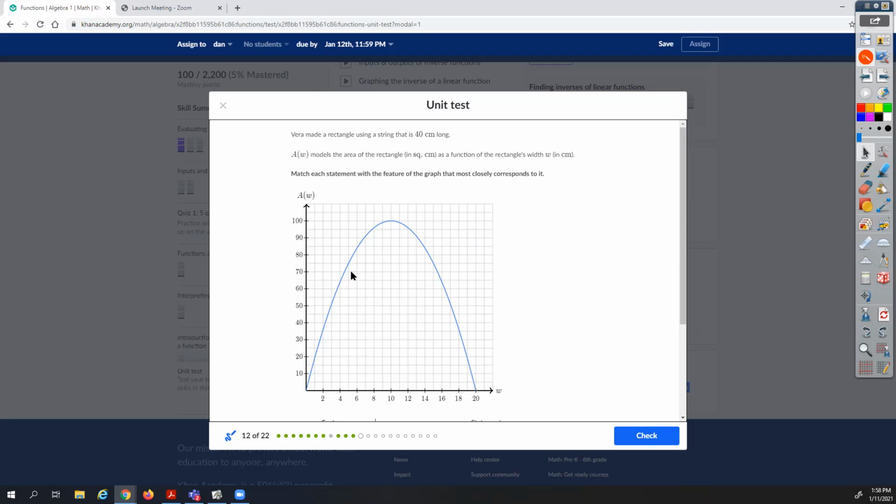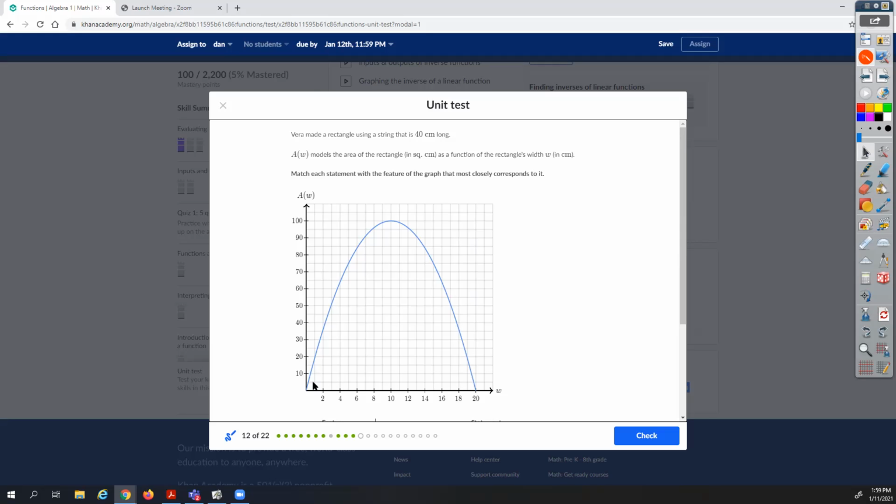A(W), which is this here, models the area of the rectangle in square centimeters as a function of the rectangle's width W.